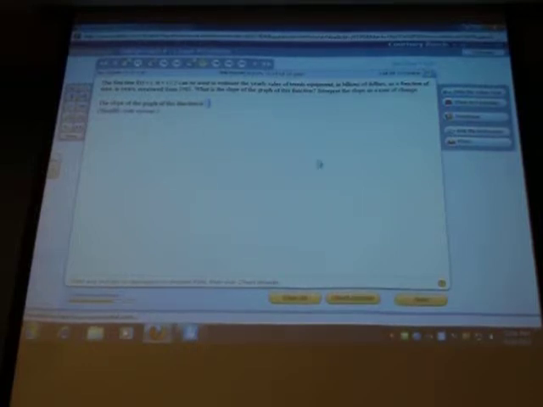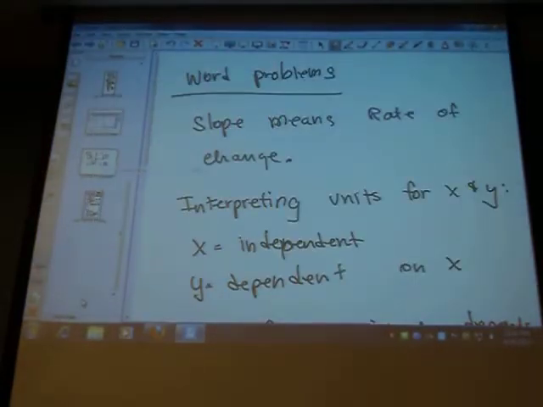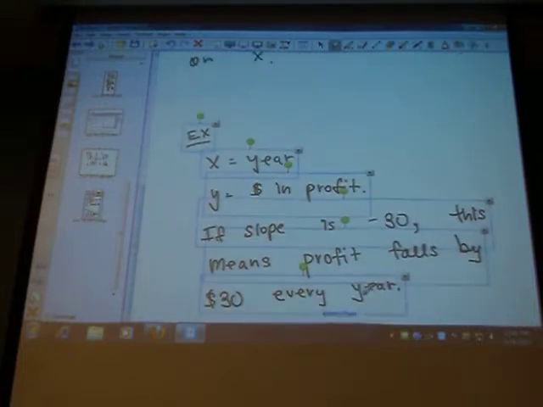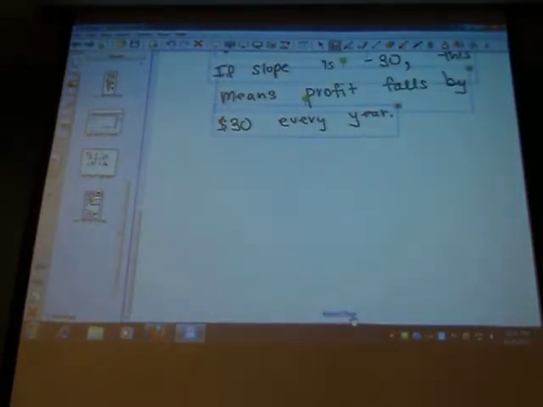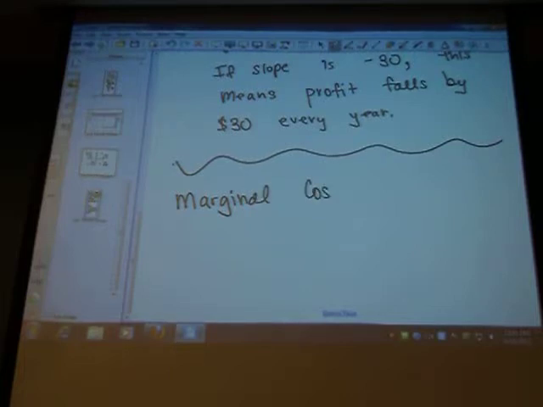Okay, so there's a few questions where they just talk about the slope, they talk about the rate of change. When they're talking about cost and revenue, sometimes they use the word marginal. So the other thing you want to have in your notes to remember is that marginal anything, cost, profit, revenue, is the slope.